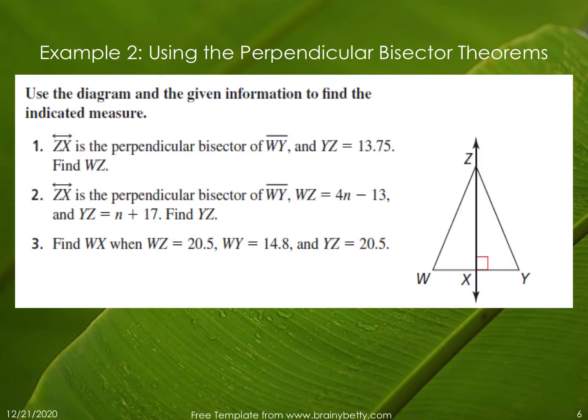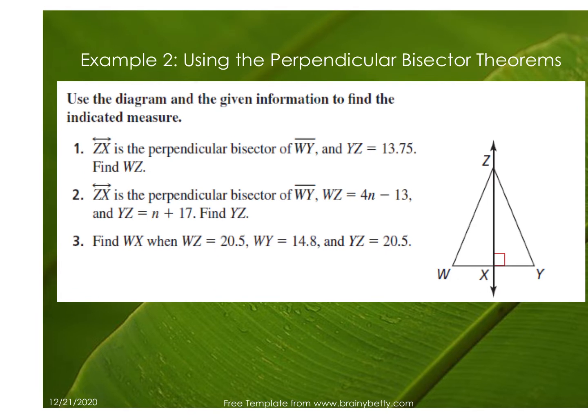The next one is still using the perpendicular bisector theorems. However, for 1 and 2, I'm going to use the theorems, and for example 2, part 3, I'm going to be using the converse. So notice here it says that ZX is the perpendicular bisector of WY.